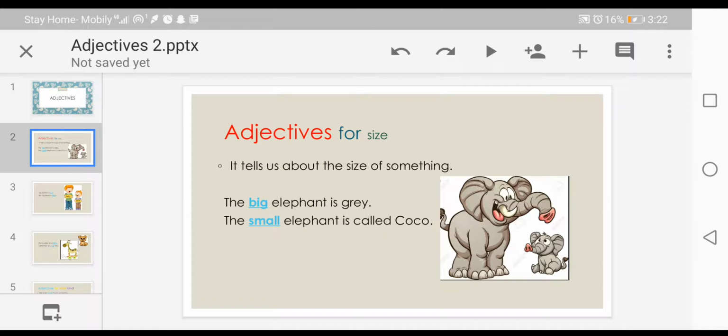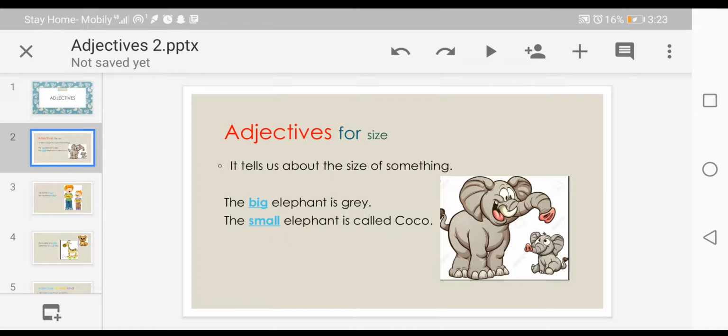So the big elephant is gray. I can see the big elephant, so I know that you are talking about the big elephant. And when I say the small elephant is called Coco, I know that the baby elephant, the small elephant, his name is Coco.